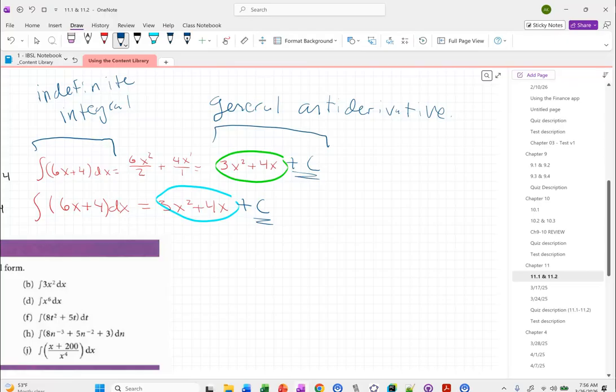Is everybody okay with the names that we're given these things and these processes? It's really important that you know the names and know what you're being asked to do so that when you read directions on a test or quiz or an IB exam, you know, oh, that's all it's asking me to do. Because there's lots of different ways that they might ask you to do that.